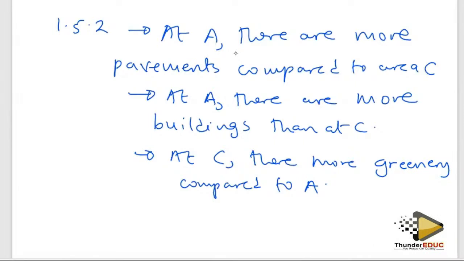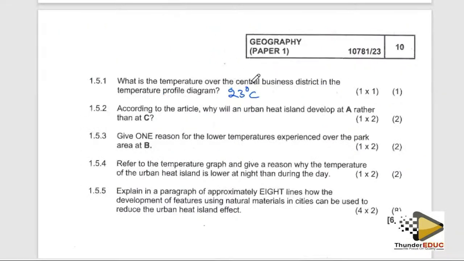And then at C, greenery, that means there's a lot of vegetation which includes trees which consume most of the heat in the rural areas, making it not to be warmer like in area A. Okay. So that is 1.5.2.